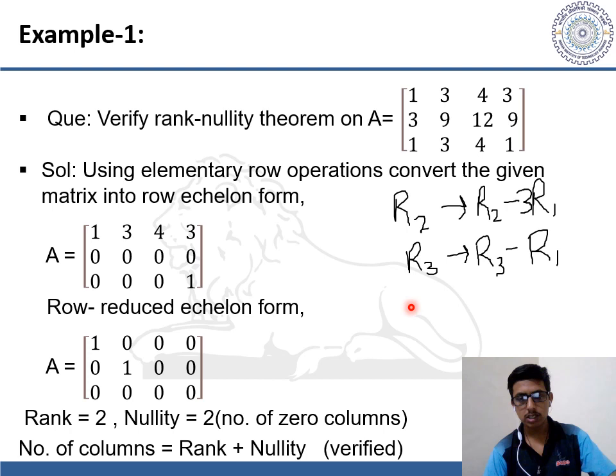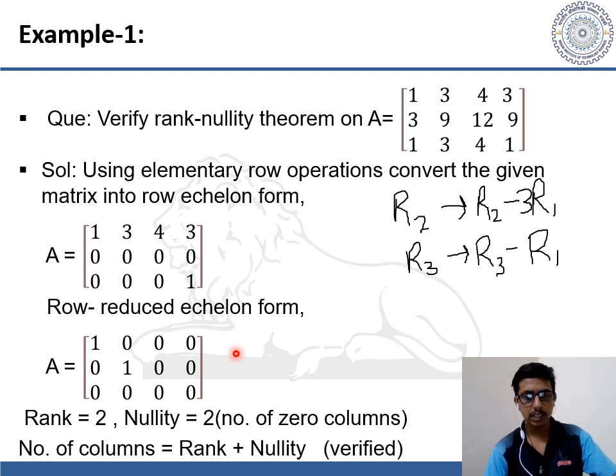By applying these two transformations, we get matrix A here, and now we further convert this matrix into row reduced echelon form. Now we get a new matrix A, which is the row reduced echelon form of the given matrix.